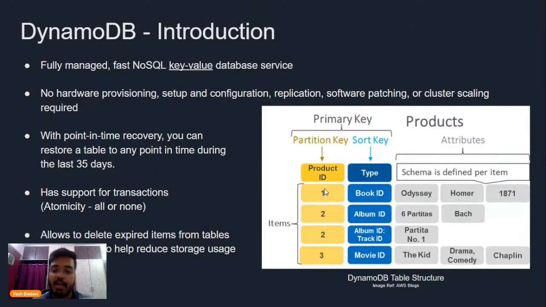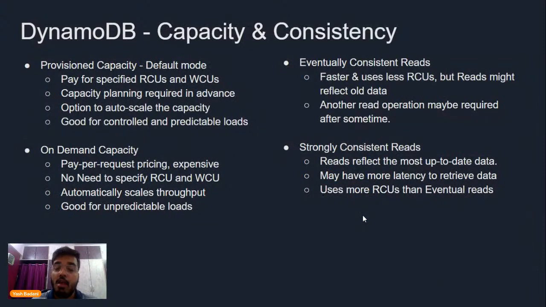So product ID 1, book ID is my unique combination. Product ID 2 and album ID is my unique combination. But within the same partition, I have another sort key, which is album ID and track ID here, right? So this is giving me a different combination, which will be allowed by DynamoDB. If you are trying to write the same item with the same primary key, the item will be overridden. Okay, that's what you need to take care of.